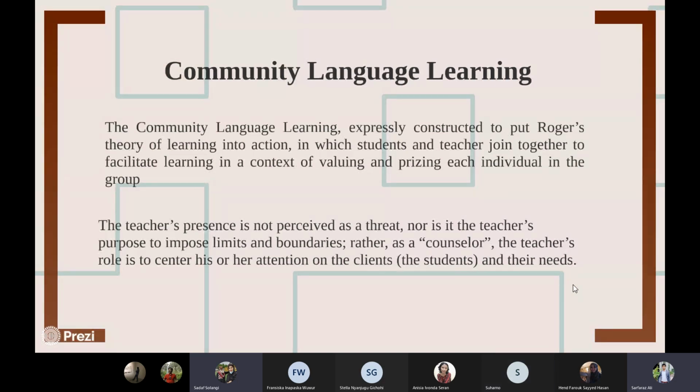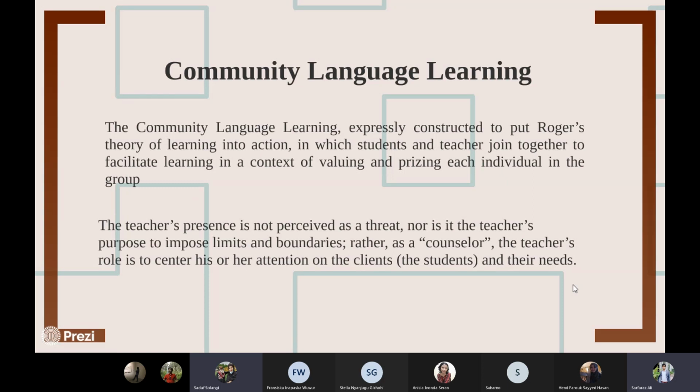So the teacher's presence does not set limits and boundaries. Rather, he works as a counselor. The teacher's role is to center his or her attention on the client and the journey. Rather, he or she is counseling them.